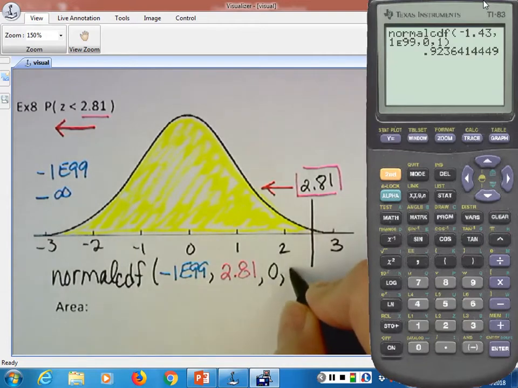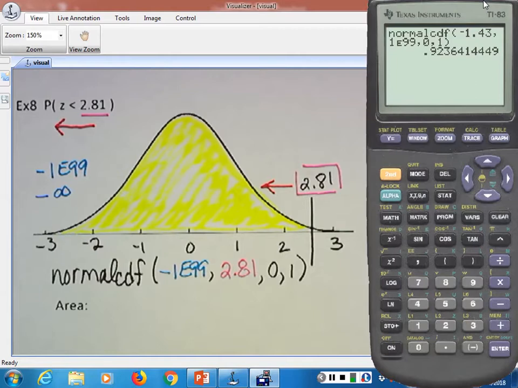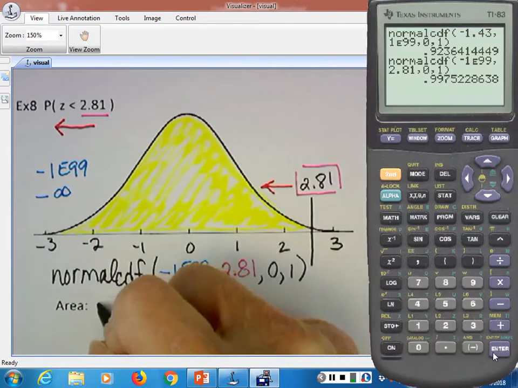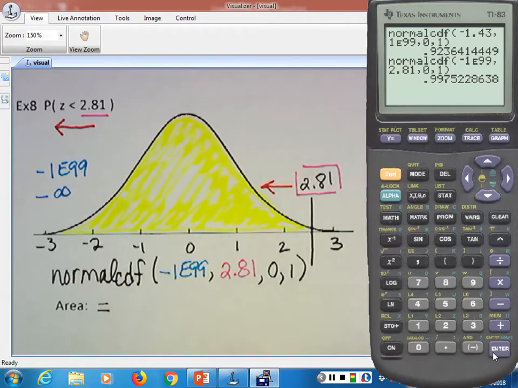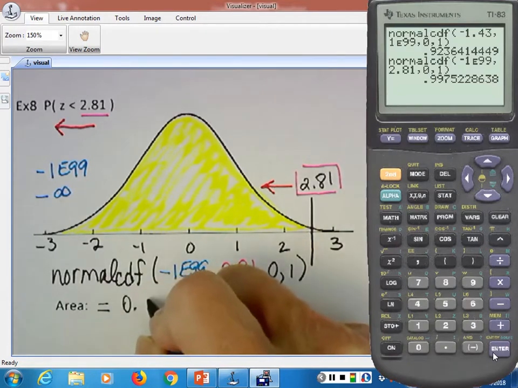The mean is 0 and the standard deviation is 1. So the area is equal to 0.9975.